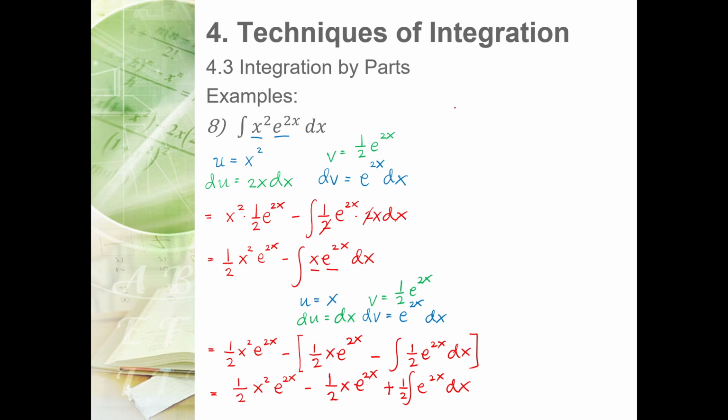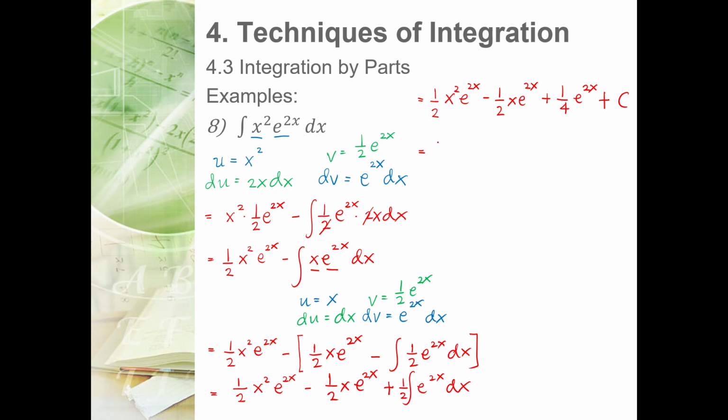Since you can now integrate the last integral easily, the final answer is 1/2 x squared e raised to 2x minus 1/2 x e to the power of 2x plus 1/4 e raised to the power of 2x plus c.